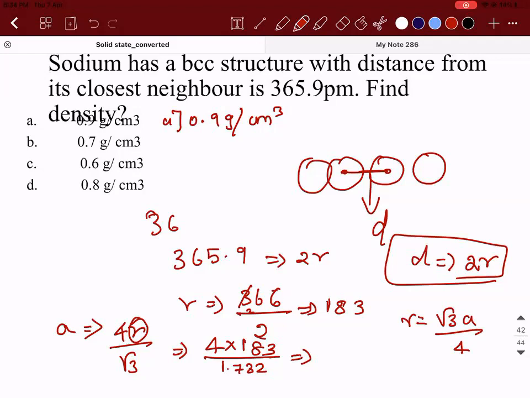Do it at home. See, R is equal to A by root 2. It's BCC. You're getting too much confusion. For FCC, R is equal to A by 2 root 2.